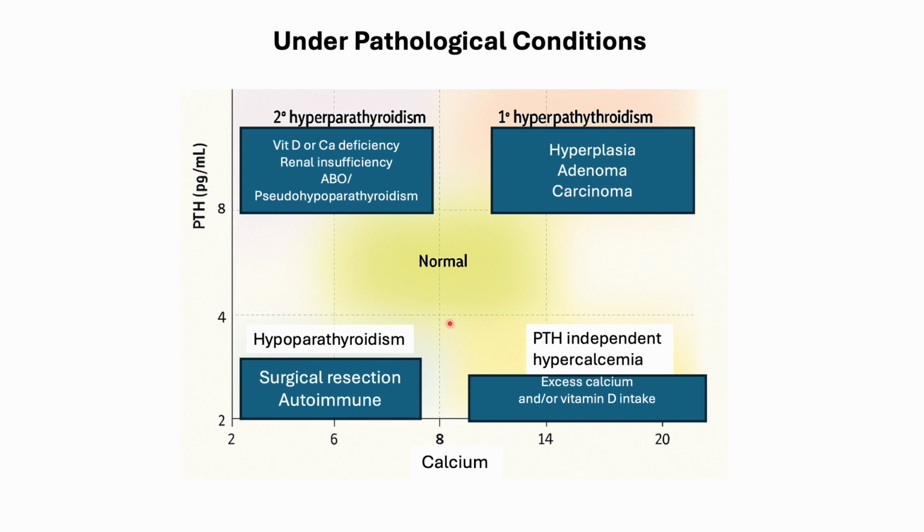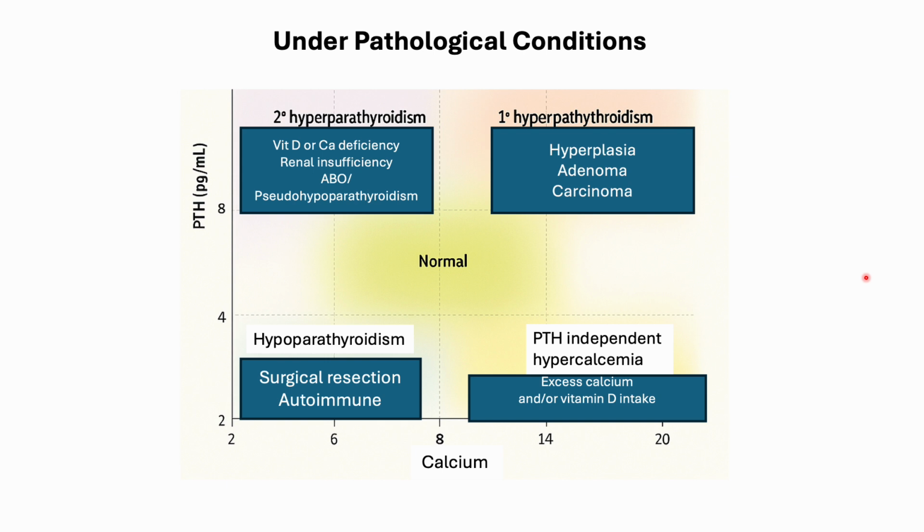And recall that in normal physiology, the regulation of calcium and PTH levels is governed by a negative feedback loop. Under normal conditions, the parathyroid glands monitor serum calcium levels. When calcium levels drop, the glands secrete PTH, which works to restore calcium levels by stimulating release from the bones, increasing reabsorption from the kidneys, enhancing vitamin D activity, which then increases intestinal absorption.